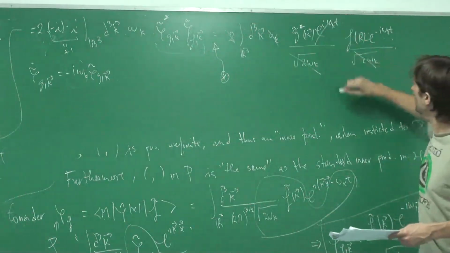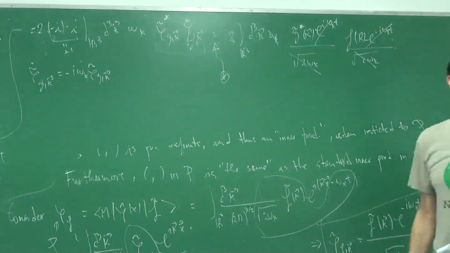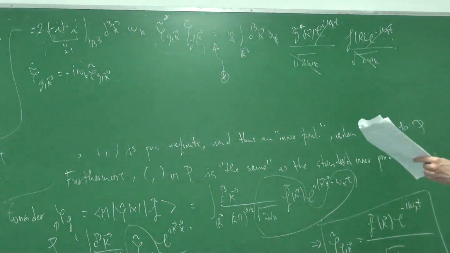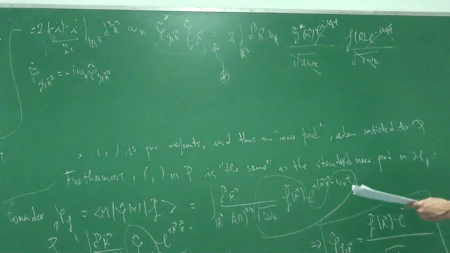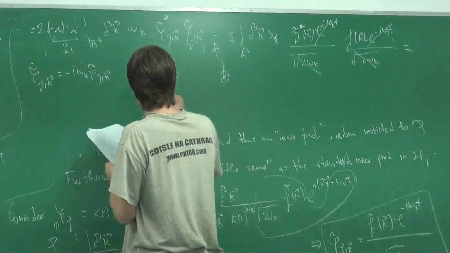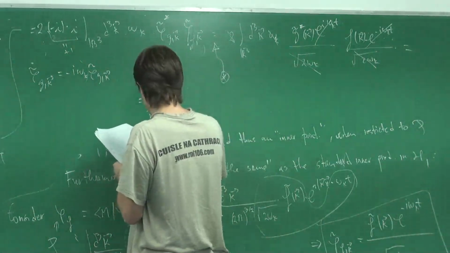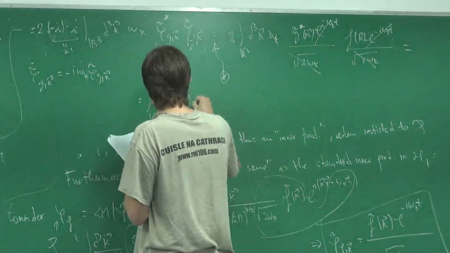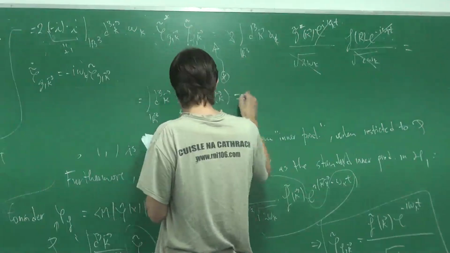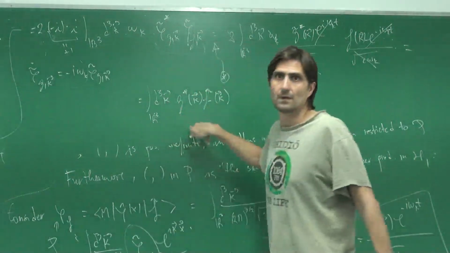The e to the i omega t cancels out with the e to the minus i omega t. So we get this.